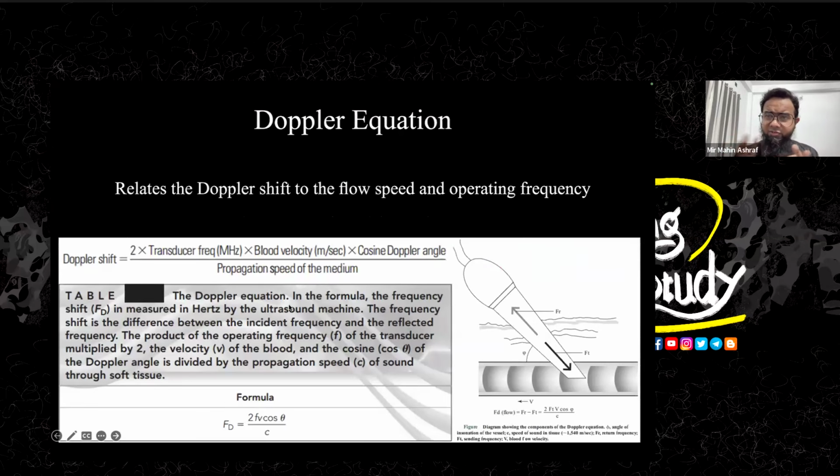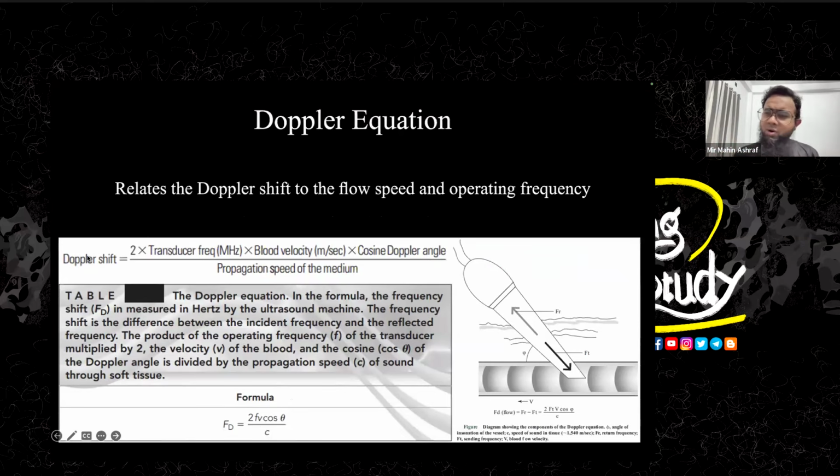So this Doppler shift is based on an equation known as the Doppler equation. You see, F equals 2 F0 cos theta by C. It's a complex equation, but you have to understand why we need it. That's all, I won't go very deep.